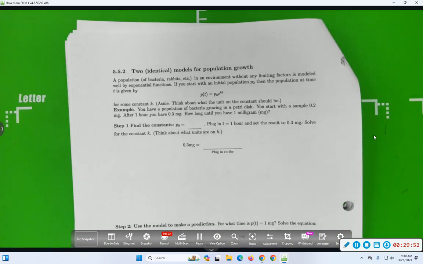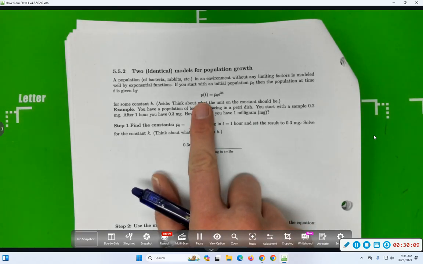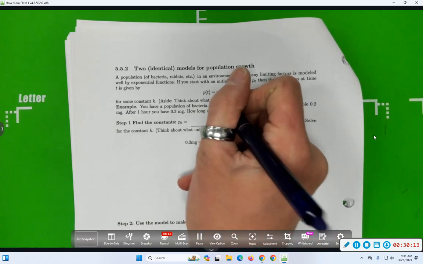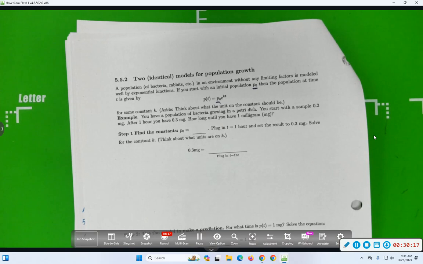There are two models that I'll propose for population growth, and they're both the exact same model. The constants will look different. So here's the first one. Any population can be modeled by an exponential. That means if you have any population, you can model that population as a function of time by initial population times an exponential. I'll use Euler's number for the base because I may as well.